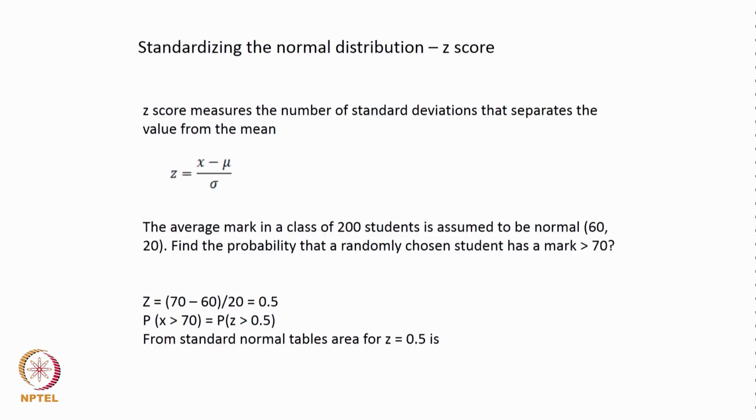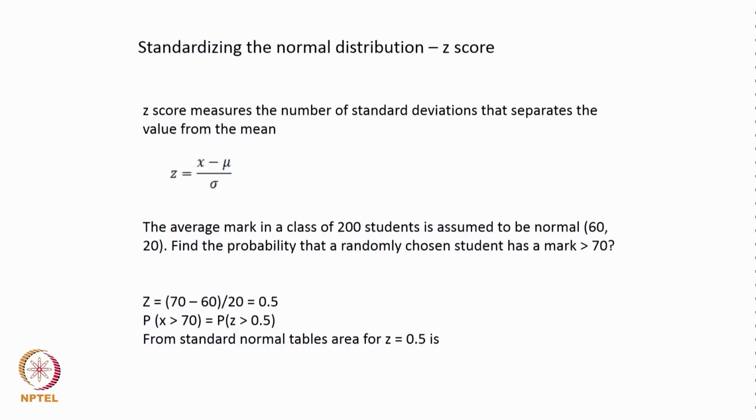For example, if z equal to 2, then x minus mu is equal to 2 sigma. Therefore, the number of standard deviations that separates the value from the mean is 2. So, z is (x minus mu) by sigma.